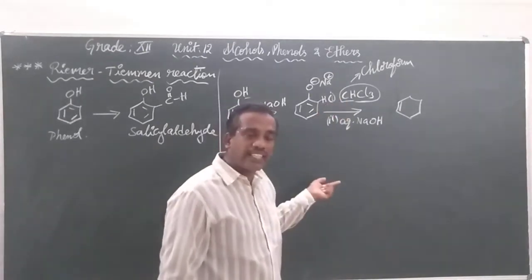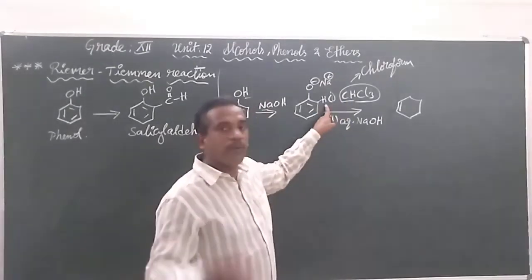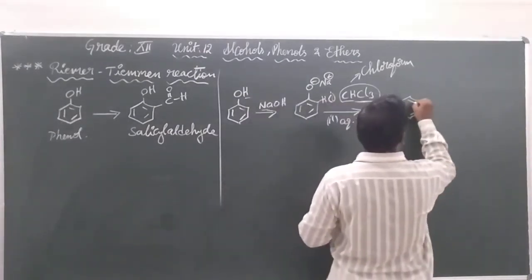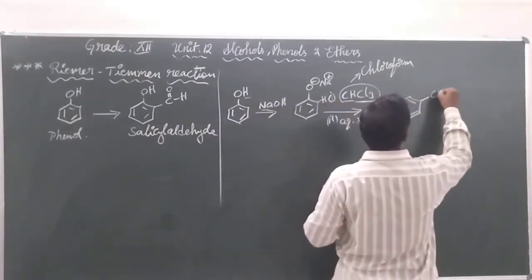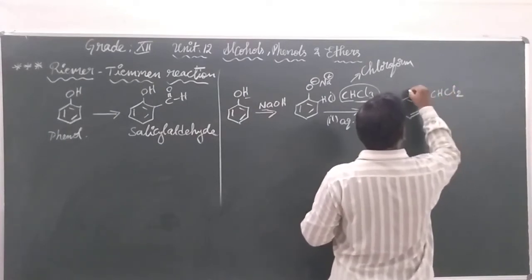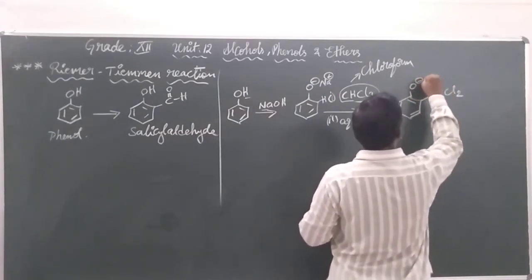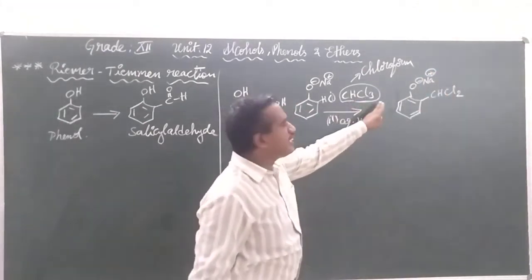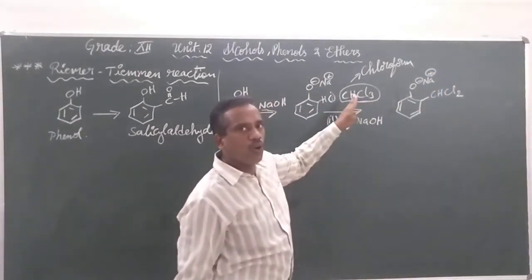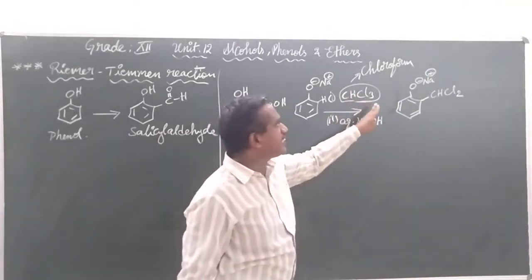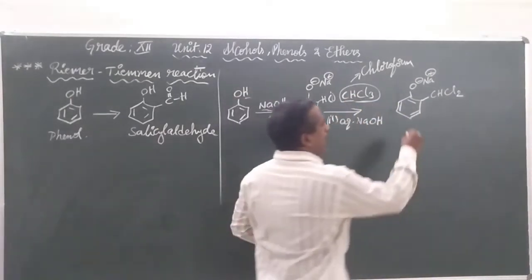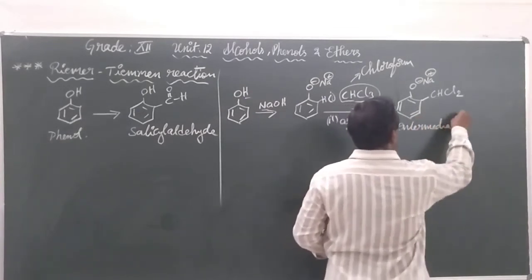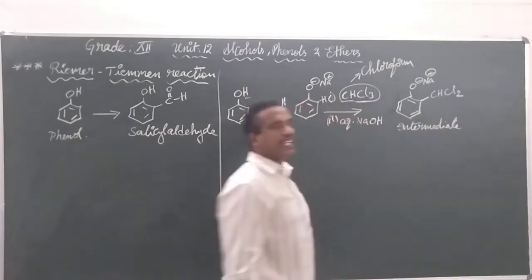At the position of the hydrogen, now there will be the group of atoms CHCl2. It is the intermediate in the reaction.